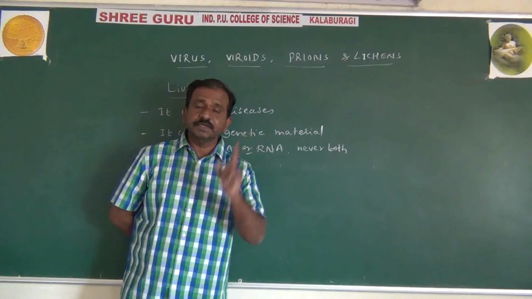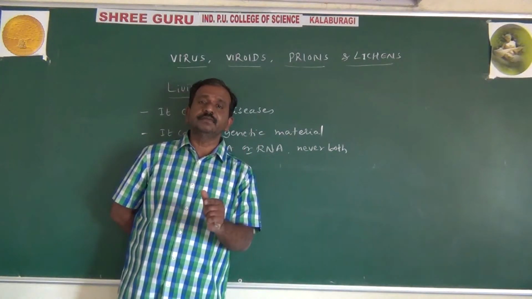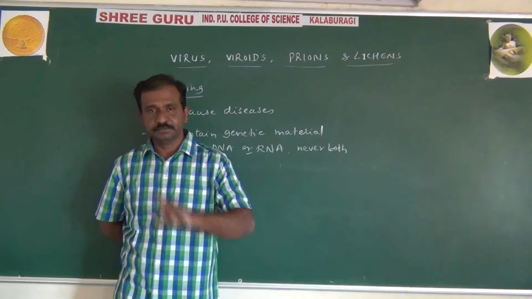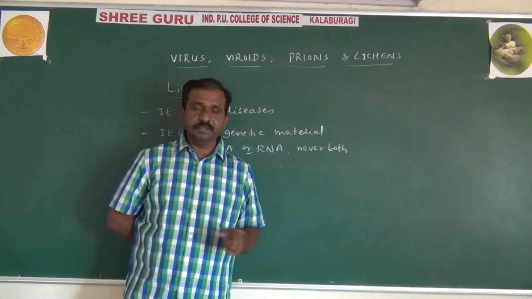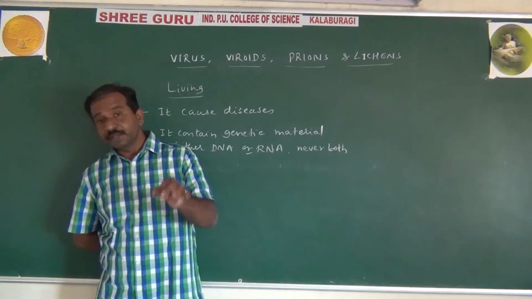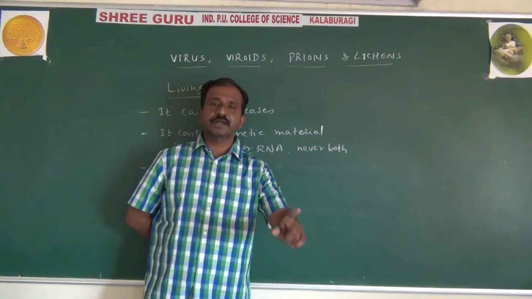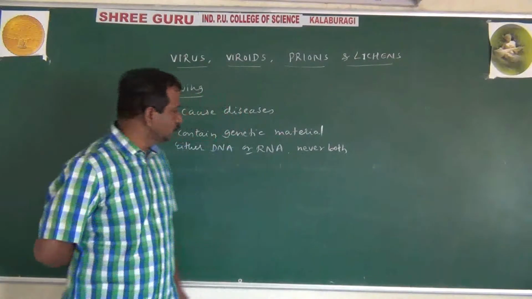A virus that affects animals contains either DNA or RNA. Animal viruses may have DNA or RNA, but in plants only RNA is there. That is what we have to observe.